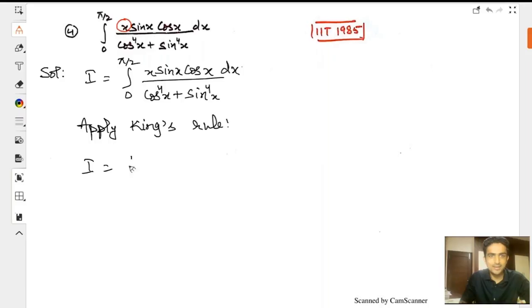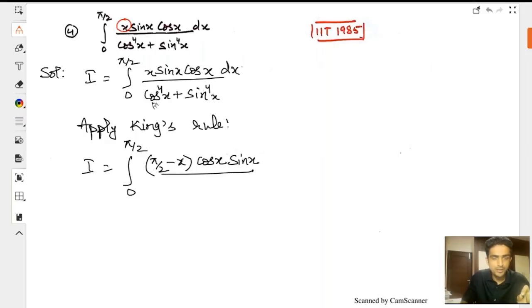So you get I equal to integral 0 to pi by 2, pi by 2 minus x. Guys, let me straight away write the values. sine of pi by 2 minus x. Now that becomes cos x into cos of pi by 2 minus x. That becomes sine x. Divided by cos of pi by 2 minus x power 4.